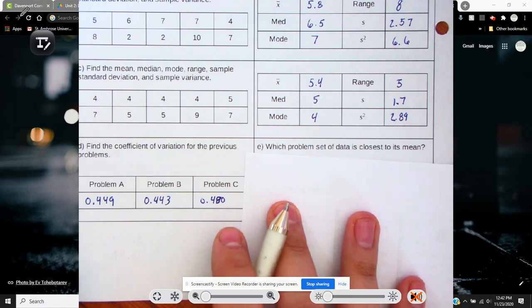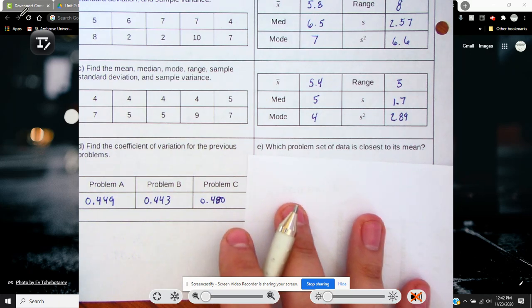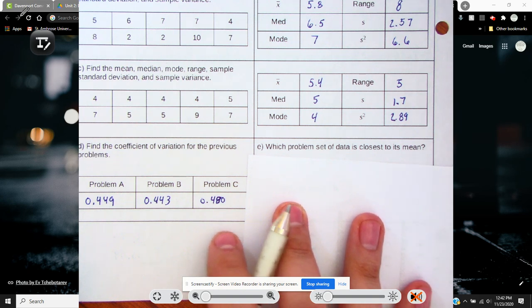Then you're going to have a question of which set of data is closest to its mean. In other words, we want our coefficient of variation to be as small as possible. The problem that has the smallest coefficient of variation is problem B.